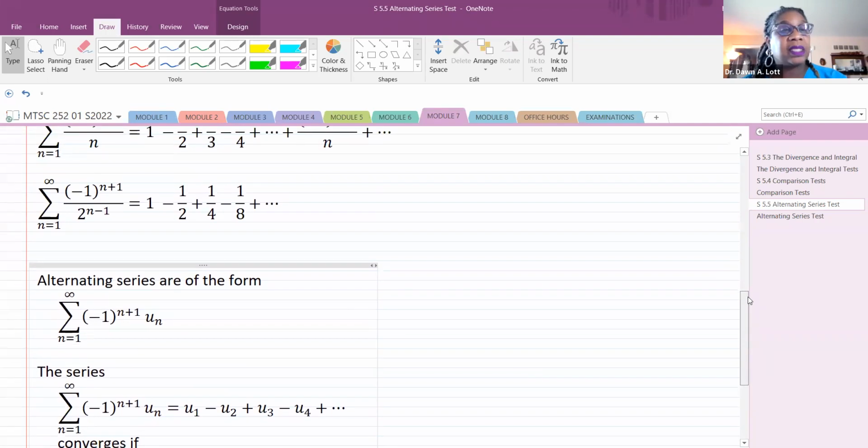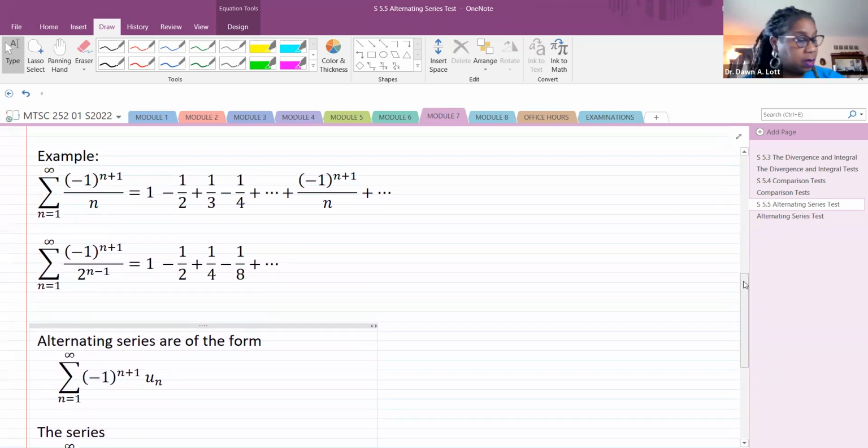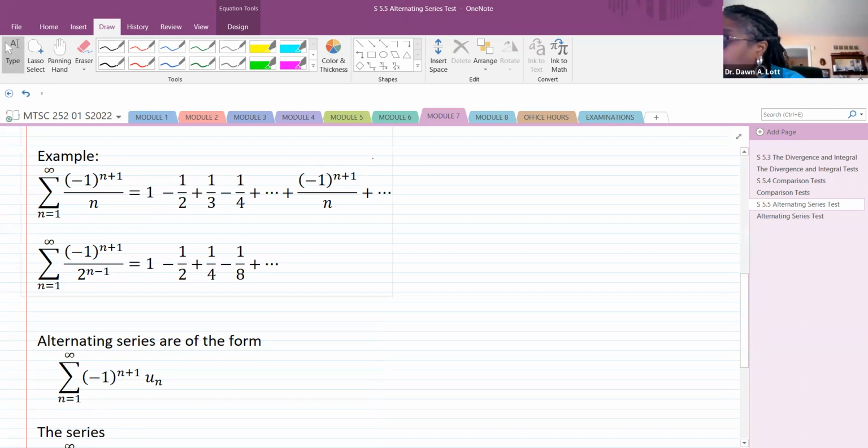If we go back just a minute, in this series, un is the 1 over n part. Everything else is -1 to the n, so un is 1 over n.